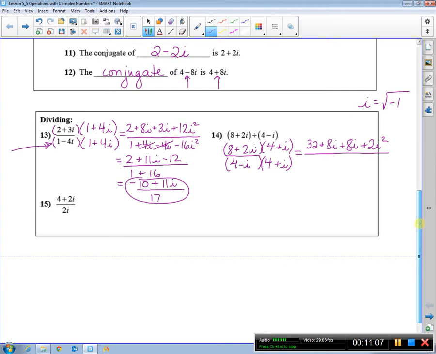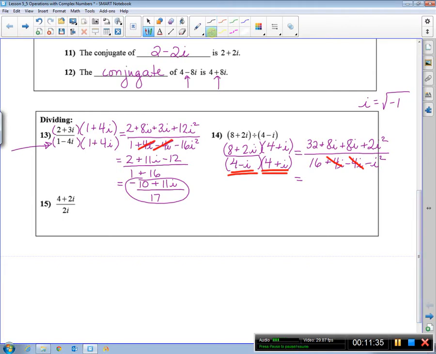There's that i squared again. So I wonder if you'd noticed, when we multiply two conjugates, these middles always drop out. So they dropped out here as well. So the middles will always drop out.